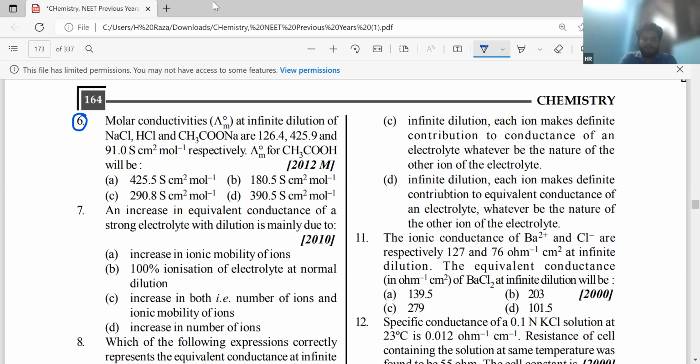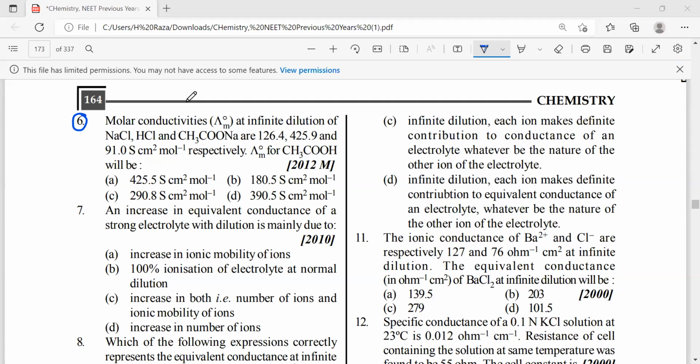Can you do this or should I explain? Sir, I can do this. Okay, please do it. Sir, option D. Very good. Please do this 11th question.